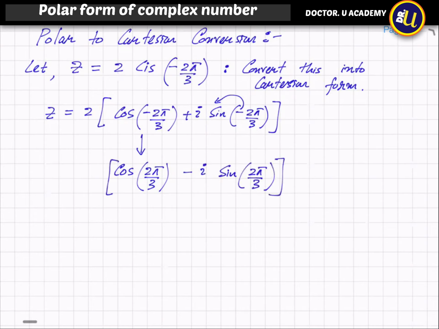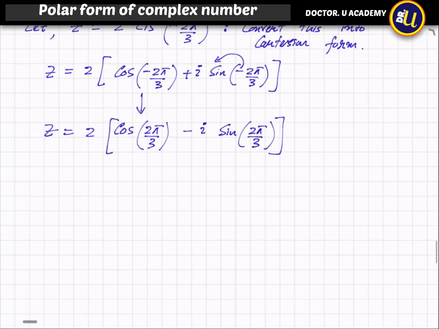Okay, so z. Now what is cos 2 pi divided by 3? Cos 2 pi divided by 3 is nothing but cosine of pi minus pi divided by 3, right? And sine 2 pi divided by 3 is sine of pi minus pi divided by 3.